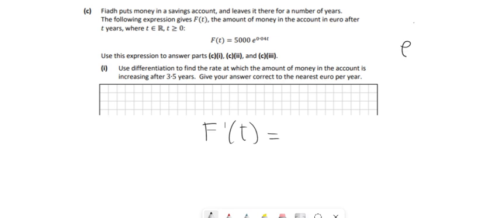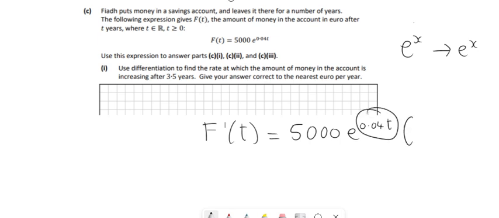So remember, the differential of e to the x is just e to the x, but we have to use chain rule in it. So it's just going to be 5,000 e to the power of 0.04t, but then you have to multiply everything by the differential of what is in the power up here.